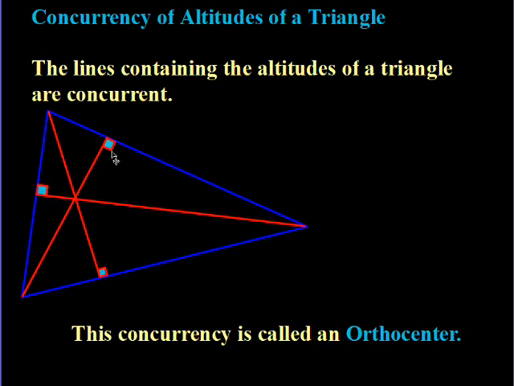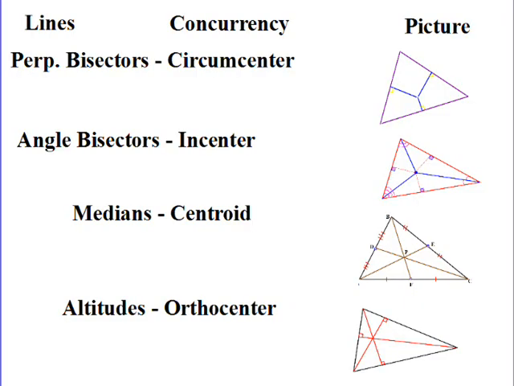So what I'd like to leave you with today is kind of a summation of all of the new vocab words that we have gone through. And I find that this next chart is a very efficient way to store your notes. So here we go. What I've done here is listed the types of lines that make up each of these pictures, that make up each of these concurrencies, and then I gave you the specific name for each of those concurrencies.